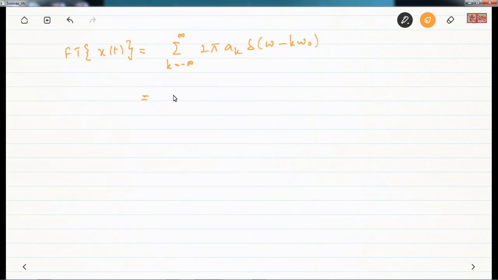So this is equivalent to 2 pi times a_1 delta(omega minus omega naught) plus 2 pi times a_minus1 delta(omega plus omega naught). Because here k equal to minus 1, this minus will become plus.